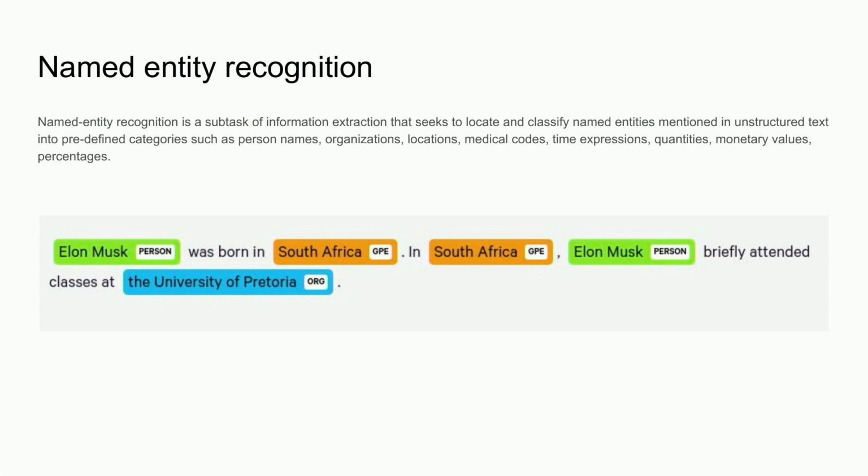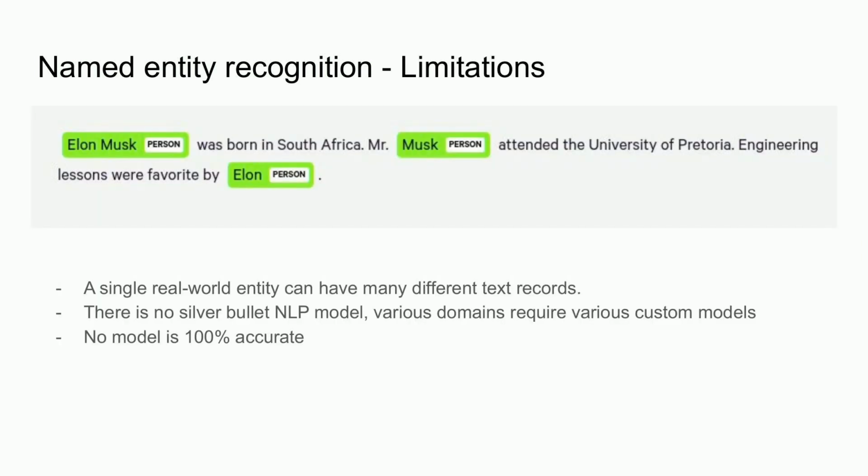And so there are a couple of limitations to named entity recognition. I will just point out the most obvious: here I've added an example where Elon Musk is in three different sentences. Once he's referenced with his full name, the second time he's mentioned as Mr. Musk, and in the third sentence he's mentioned as Elon.